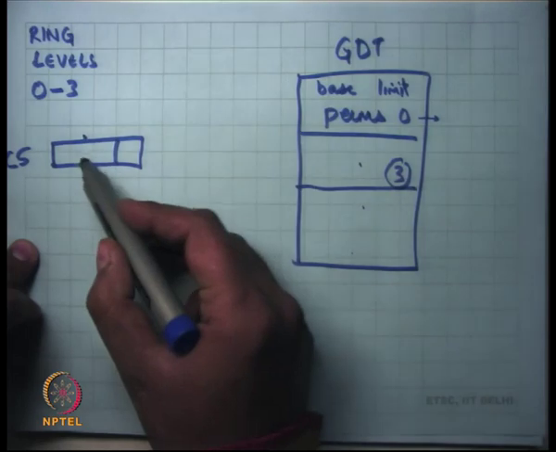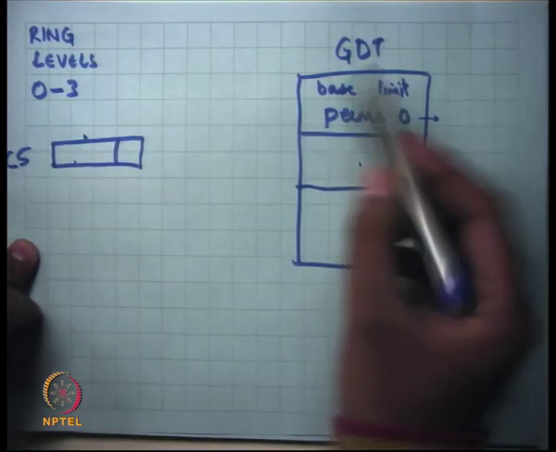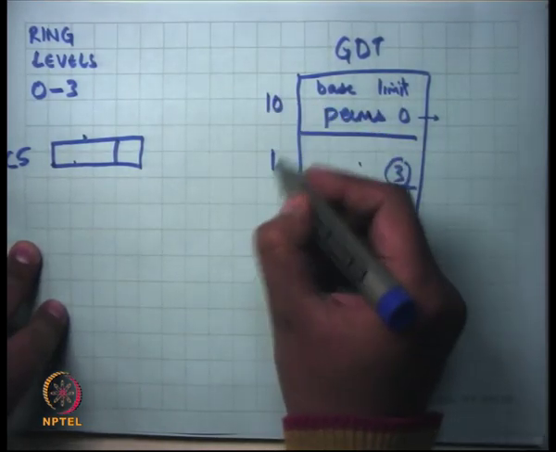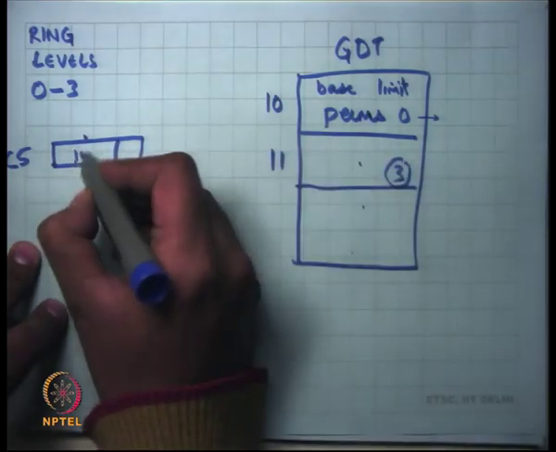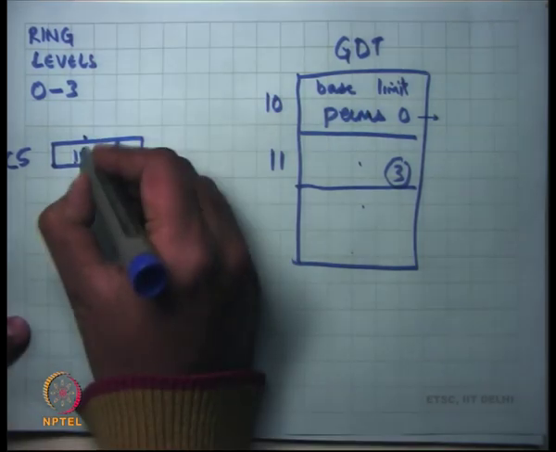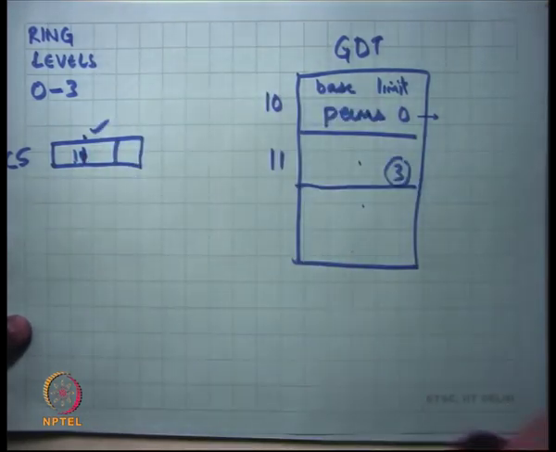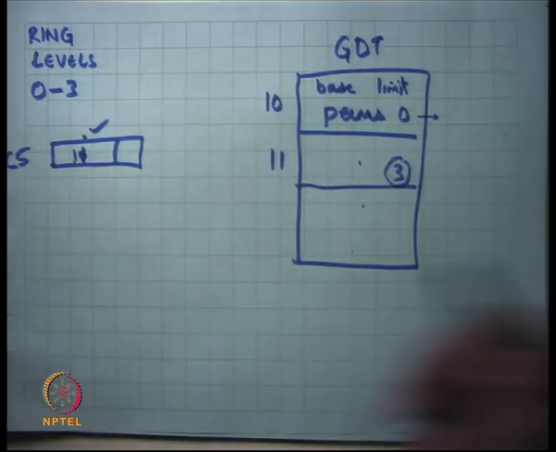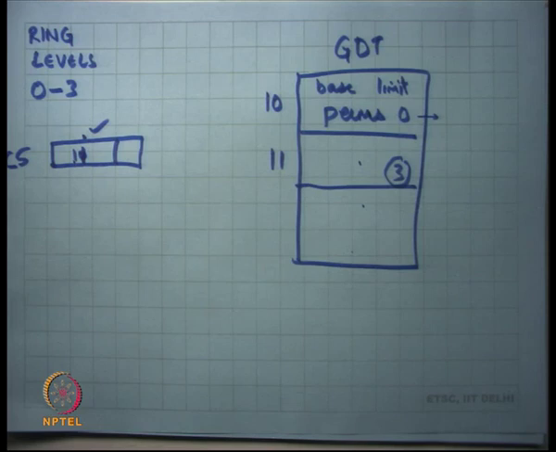So I cannot set CS to this descriptor. Let's say this is descriptor 10 and this is descriptor 11. Setting it to 10 is illegal, which means it will cause a processor exception and the OS will take over, right? But setting it to 11 is okay. So that allows the OS to keep itself mapped in the GDT.